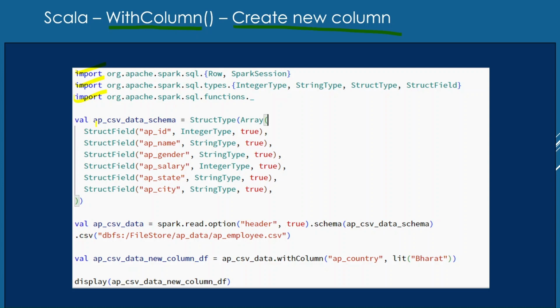I am creating a custom schema with the help of StructType and StructField. With StructField, I am creating the column names and their data types. AP ID is the column name, integer type is the data type, AP name is string type, AP gender is string type, AP salary is integer type, AP state is string type, AP city is string type.